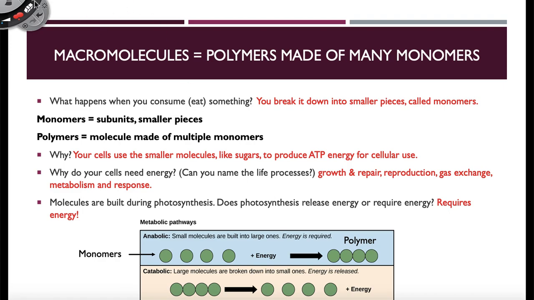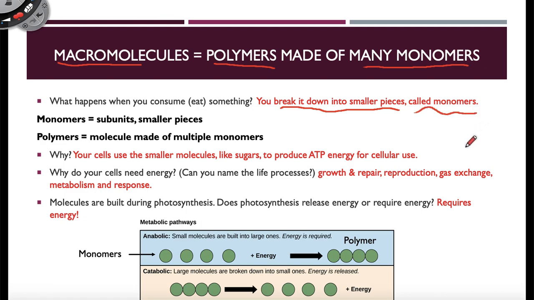Okay, so moving on, macromolecules are polymers. So that means that macromolecules are made up of many tiny monomers. So we're going to focus in this picture in just a moment, but what happens when you consume or eat something? You eat it, it goes into your digestive system, and you break it down into smaller pieces.